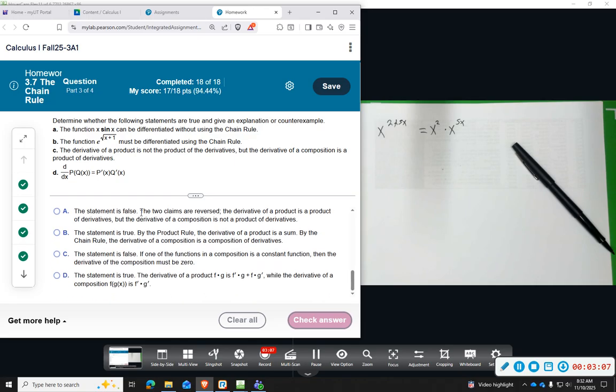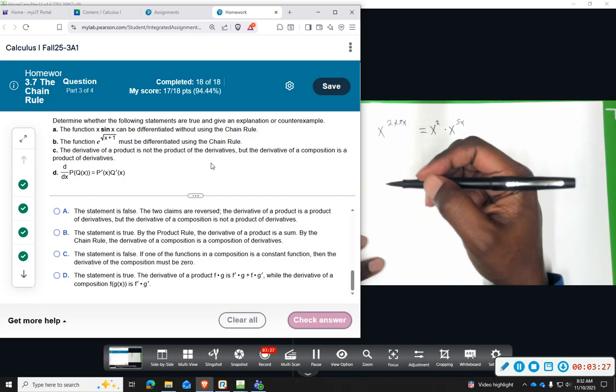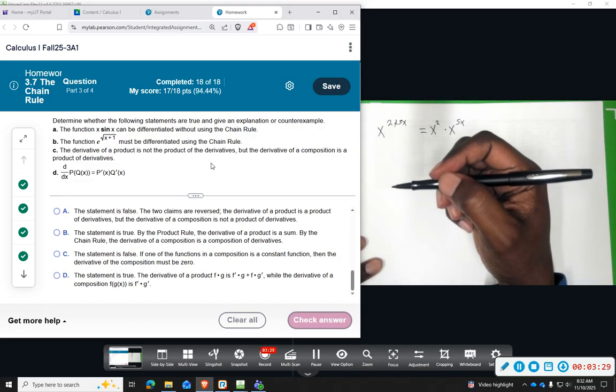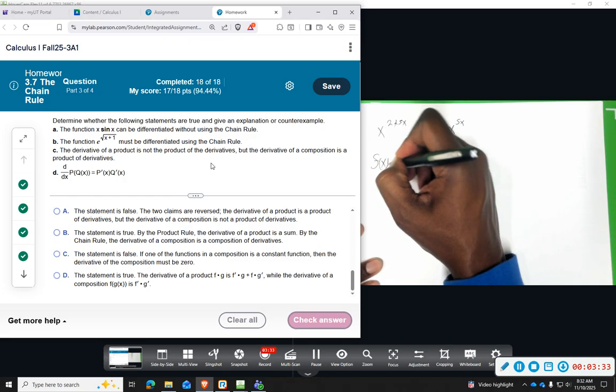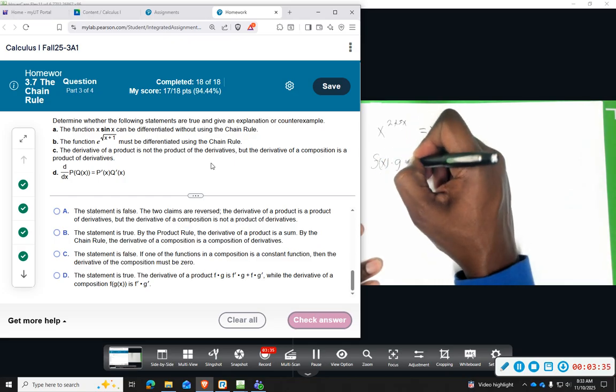And then C says the derivative of a product is not the product of the derivatives, but the derivative of a composition is a product of derivatives. The way that reads is weird. So let me look at what we're saying. The derivative of a product. So let's say we have f of x times g of x.